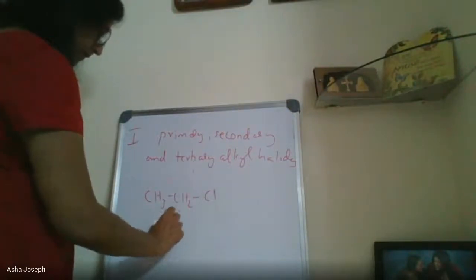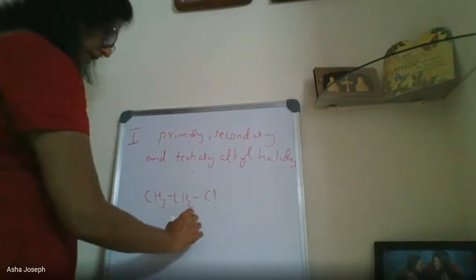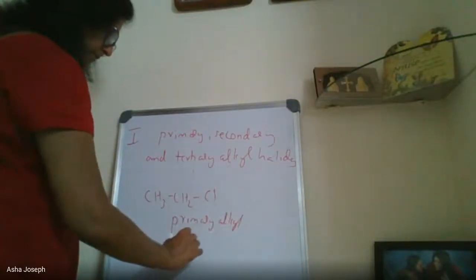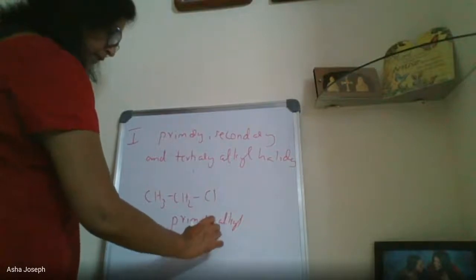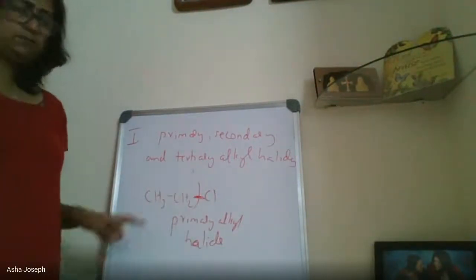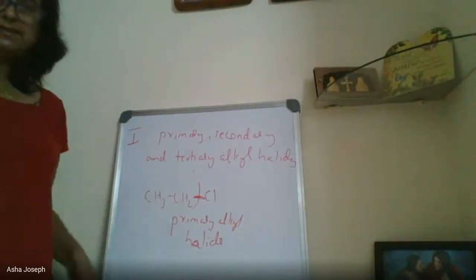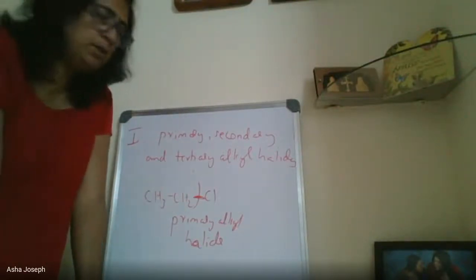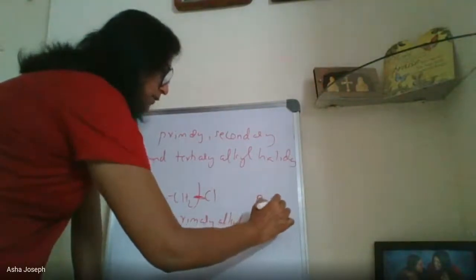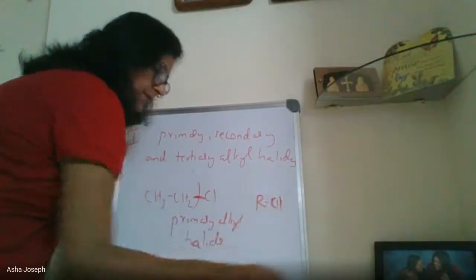This is an example of a primary alkyl halide. How do you know? The halogen is connected to one alkyl group. Which is the alkyl group? CH3CH2 is the alkyl group. Or in general, you can say RCH2Cl or RCl.